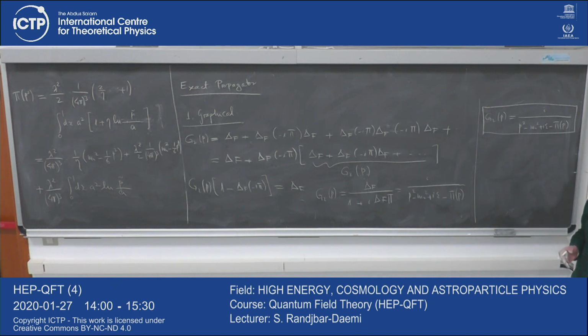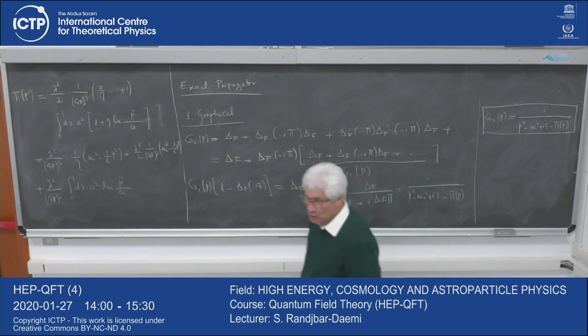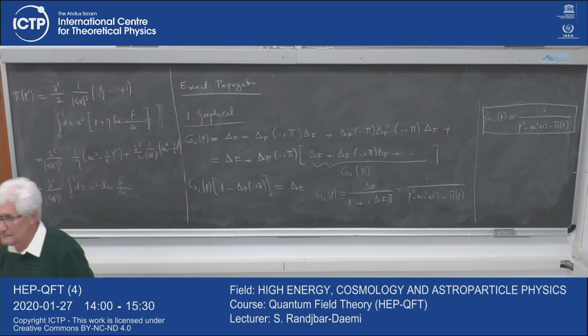This means that objects carry indices. Everything becomes matrices. For example, for the fermion propagator, you have a matrix here, in 4 dimensions a 4x4 matrix. You have to keep track of those matrix indices, but the general expression will be of this form. There will be a free propagator here plus this piece, which is called the vacuum polarization piece, or sometimes the mass operator. The general structure will be of this type, interpreted properly as matrices. You will see that in QED, for example. Any questions?